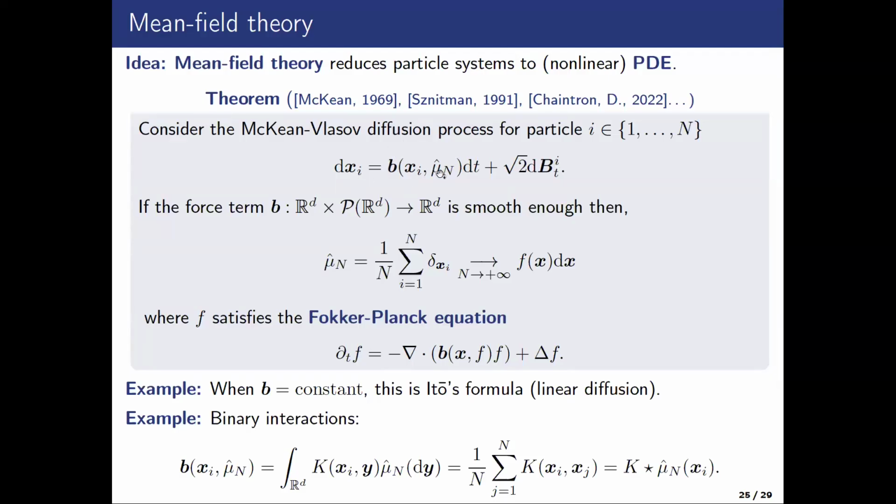McKean-Vlasov equations are just equations for interacting diffusion processes. A diffusion process is given by a stochastic differential equation that links the derivative of the position with the Brownian motion, and then the deterministic drift part is whatever you want, but it depends somehow on the empirical measure.